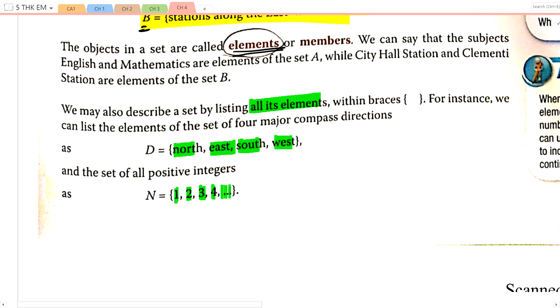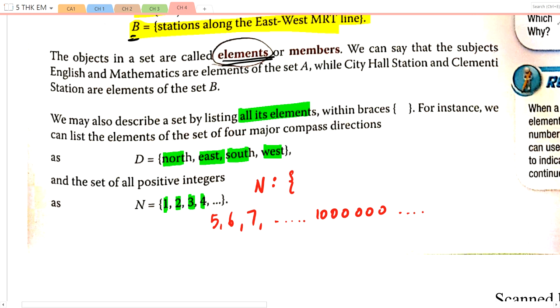The dots over there implies that there are more to it, and you can just imagine what else is inside this set. We've got 5, 6, 7, so and so forth, 1 billion, and it goes on and on. So instead of writing everything down, we can also represent N as, if you want to describe it in words, all positive integers.